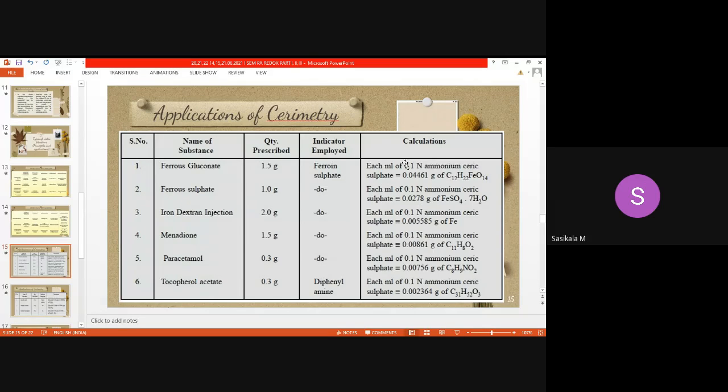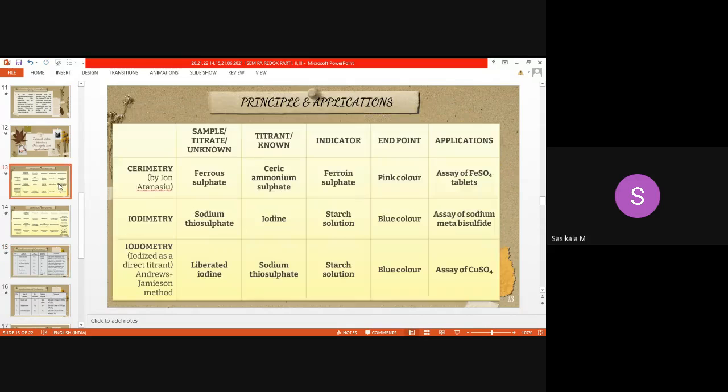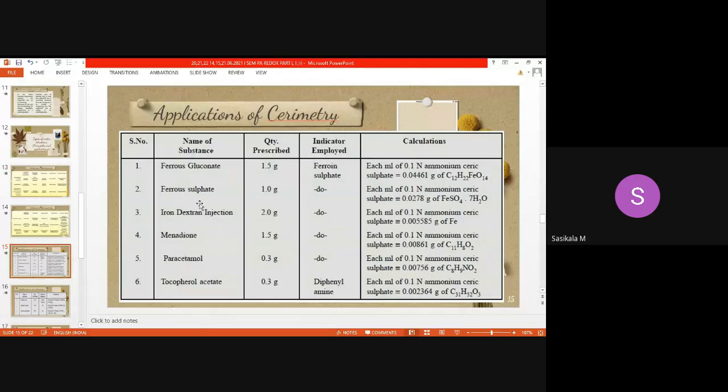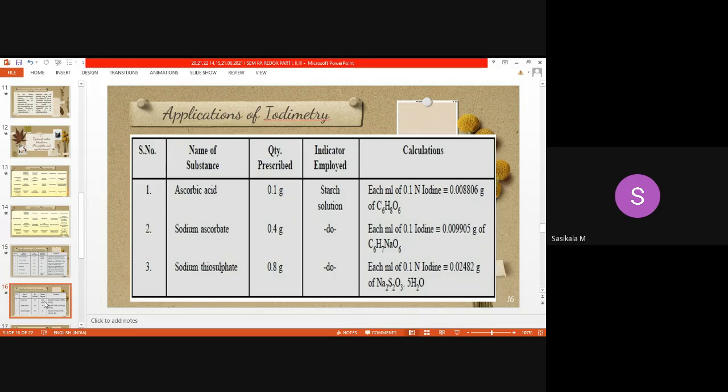Here you can take down these examples for applications of cerimetry. What is cerimetry? Ferrous sulfate and ferric ammonium sulfate, titration with ferric ammonium sulfate. Similar to ferrous sulfate, other ferrous salts are analyzed, and different other drugs are also analyzed by ferric ammonium sulfate using cerimetry.